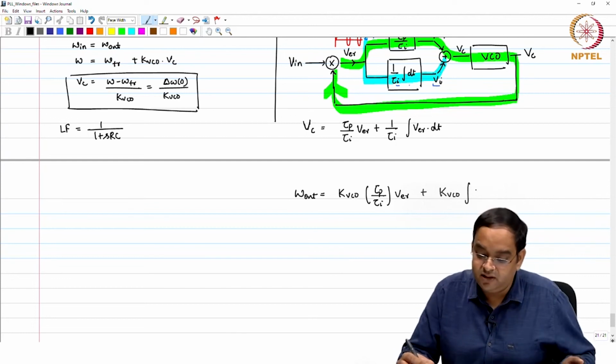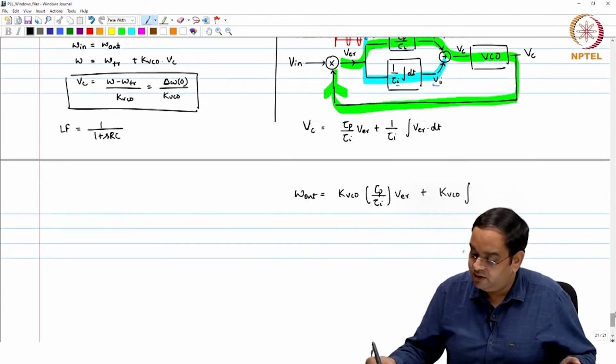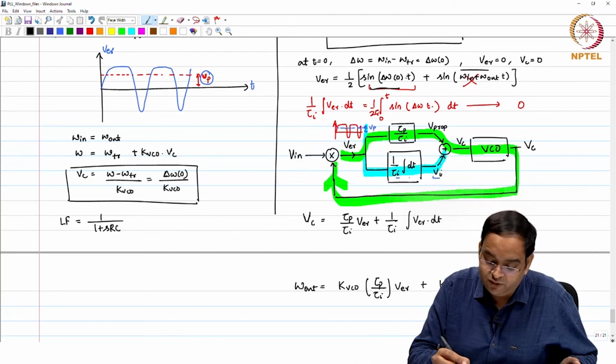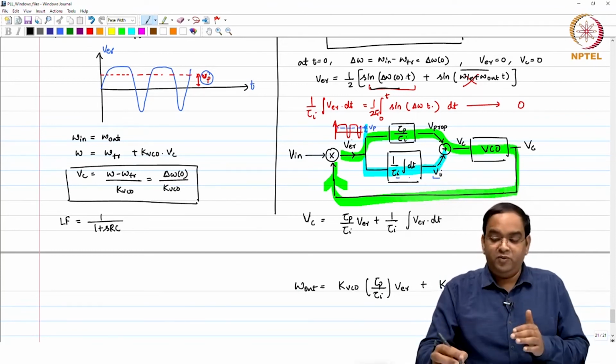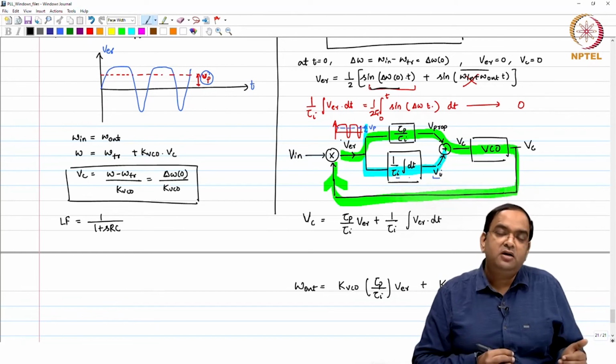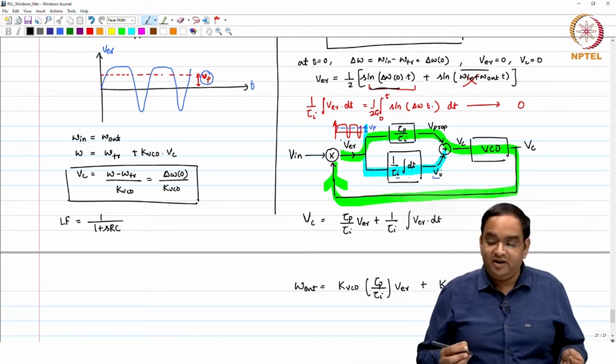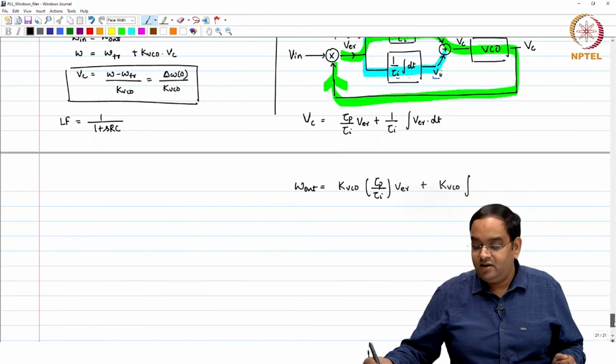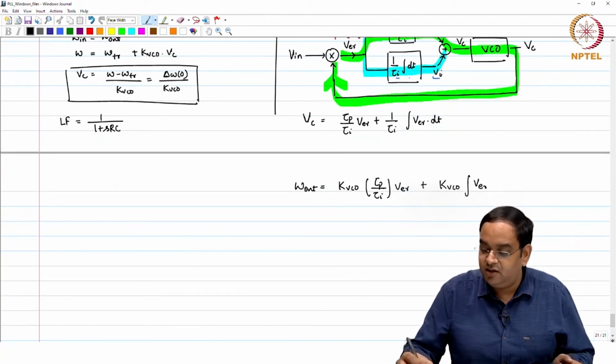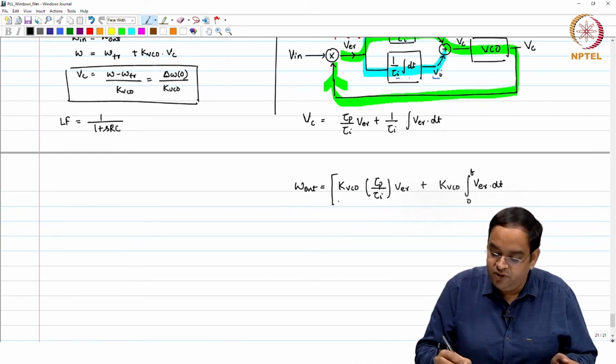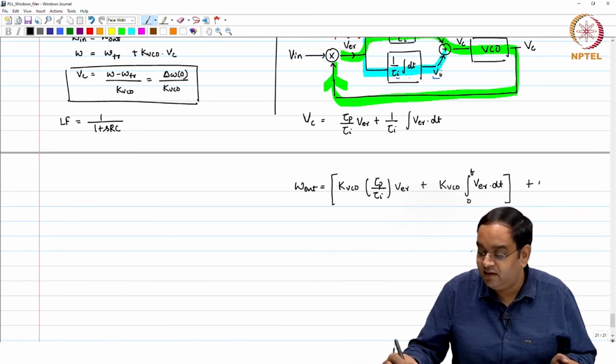In V error you are seeing two values: one is the DC pull-in voltage, and the other, if you remove the DC part from your asymmetric beat note, is something whose average will be 0. So, you have your output frequency like this.